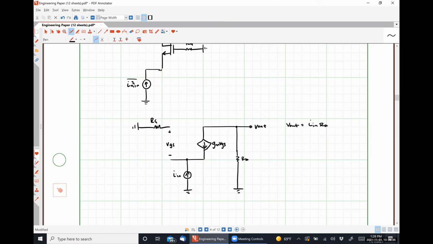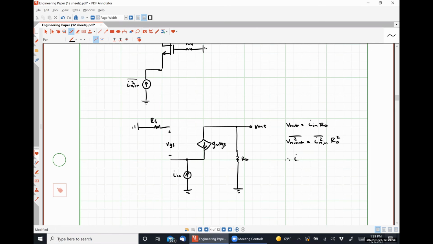So by extension, we could say that Vn out squared is In in squared times RD squared.